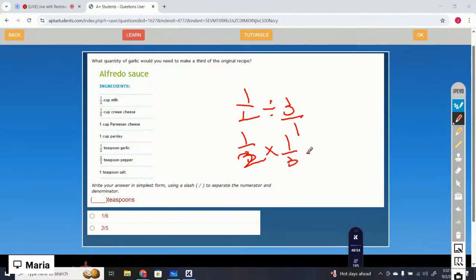Replace the division sign with multiplication. That is 1 over 6. That is 1 by 6.